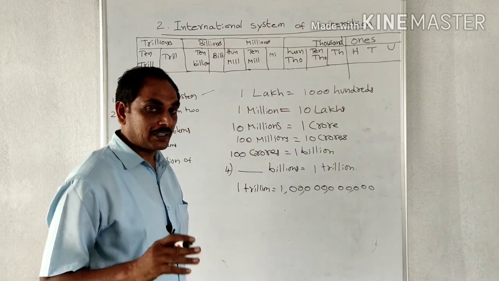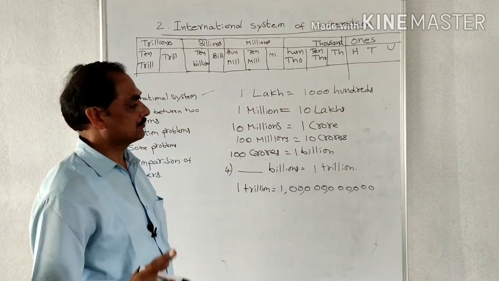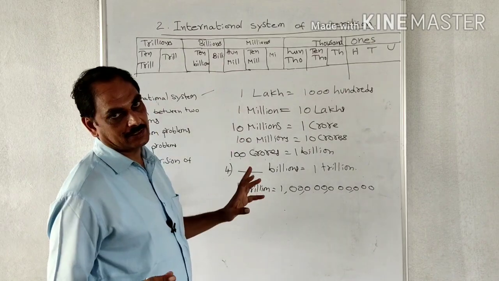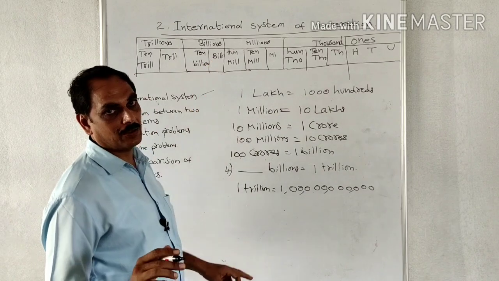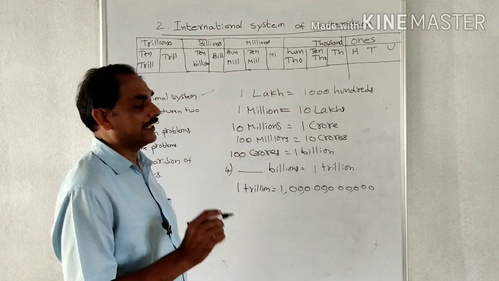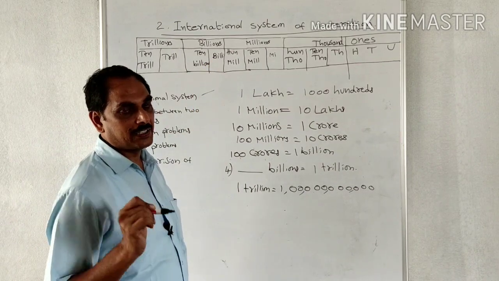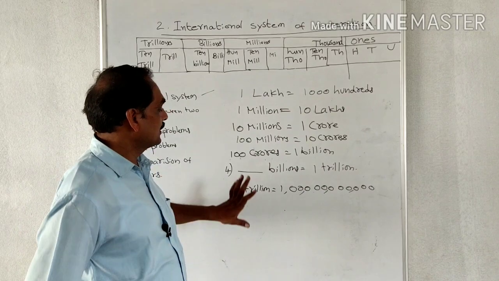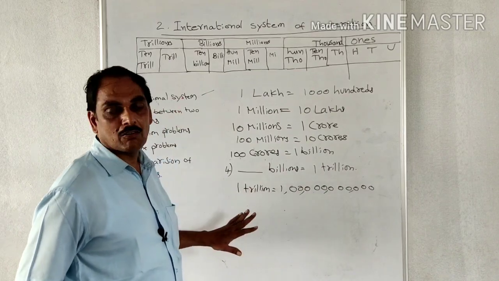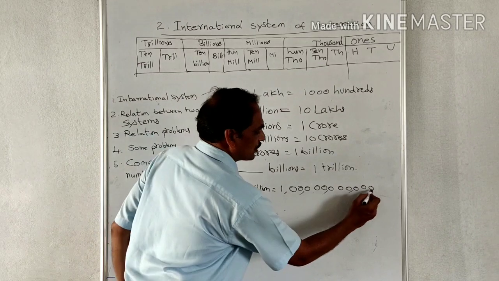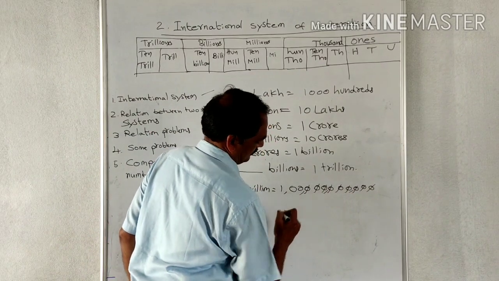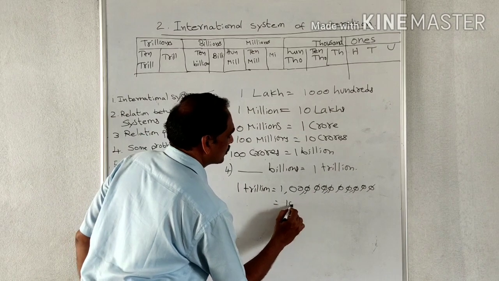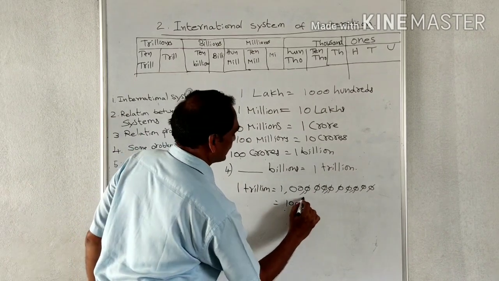So there are 10 digits in 1 billion. 10 digits means this 1 billion has 9 zeros. So we erase 9 zeros, then we get the number of billions in 1 trillion. So 9 zeros: 1, 2, 3, 4, 5, 6, 7, 8, 9. So that is equal to 100 billions.